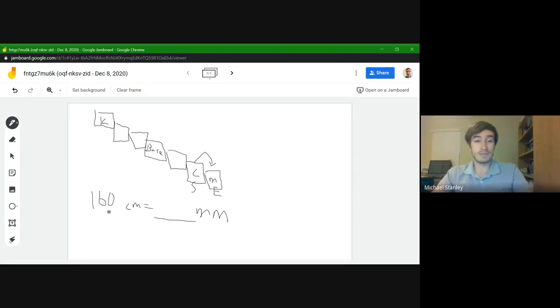We do the same with our centimeters number. We started off with 160 centimeters.